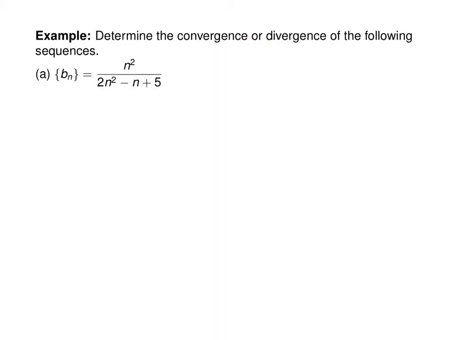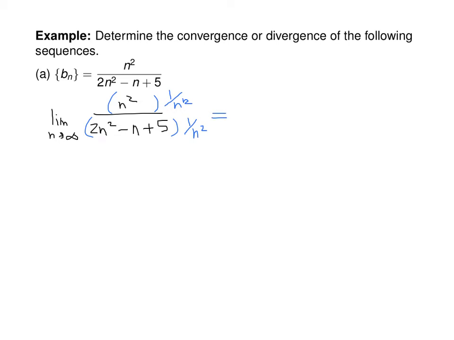Alright, so let's determine if this sequence converges or diverges. On this one we don't need to use the previous theorem. We can just find the limit as n goes to infinity of n squared over 2n squared minus n plus 5. What you learned in Calculus 1 was that you could divide the numerator and denominator by the highest common power, so in this case, n squared.